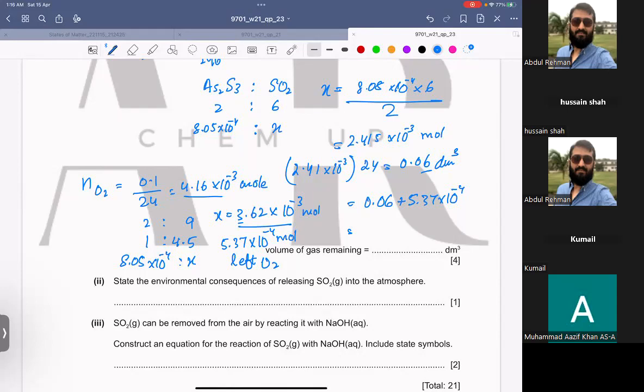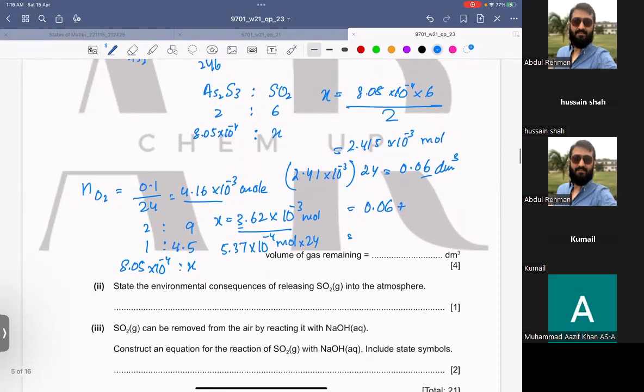Sir, won't we first convert this 5.37 to volume? You have only written moles. Yes, sorry. First I will make the total volume. This is the volume, so I need the volume over here as well. So multiply it with 24 to get the volume. Do it quickly.